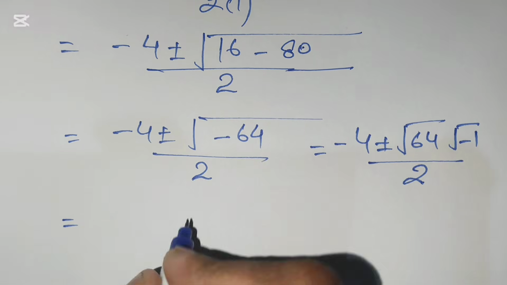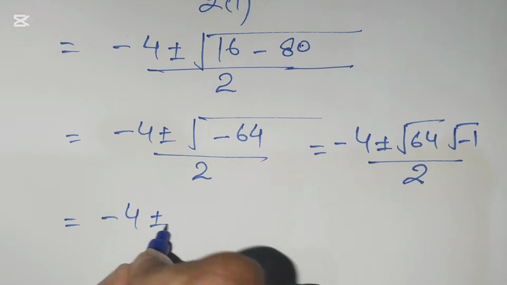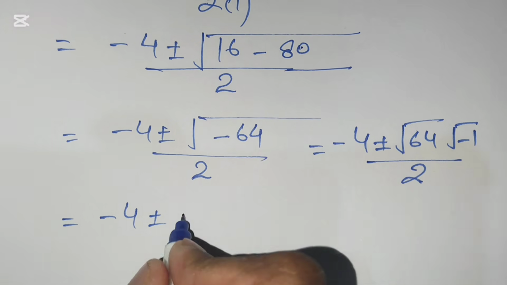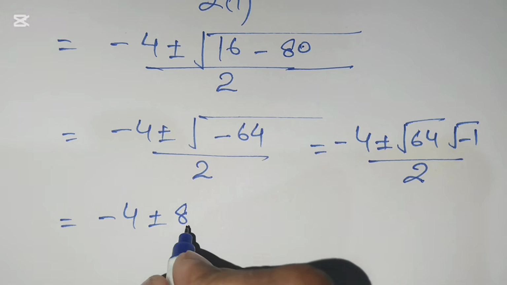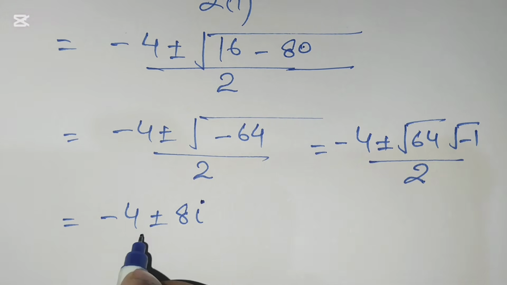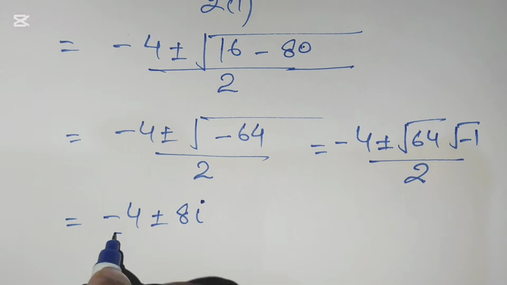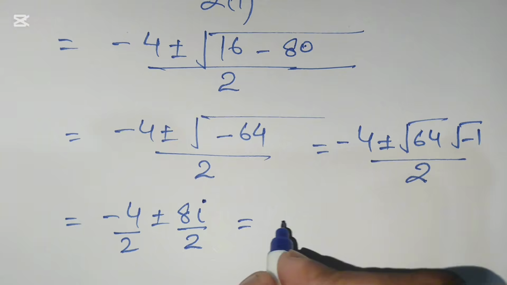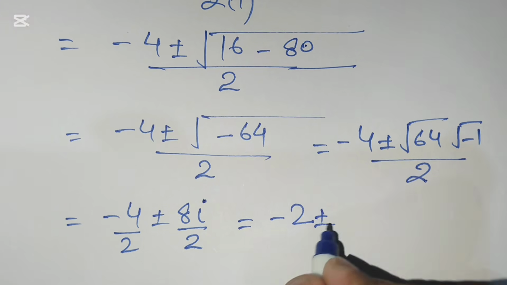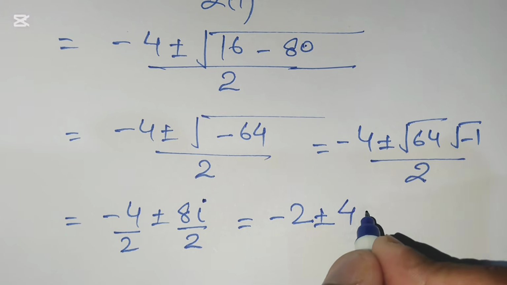So we have minus 4 plus minus, what is square root of 64? This is 8, and square root of minus 1 is always equal to iota. Divided by 2, 2 here, 2 here. It will be equal to minus 2 plus minus 4 iota.